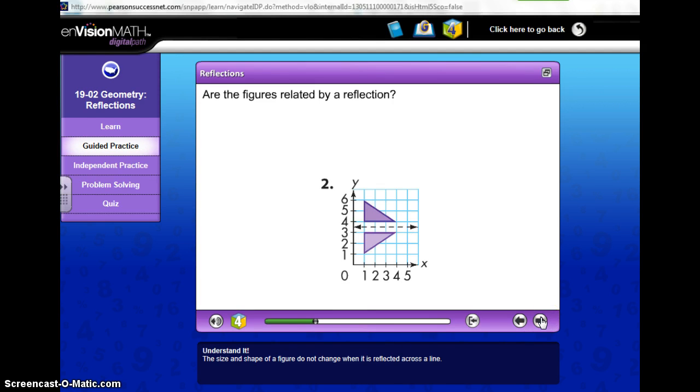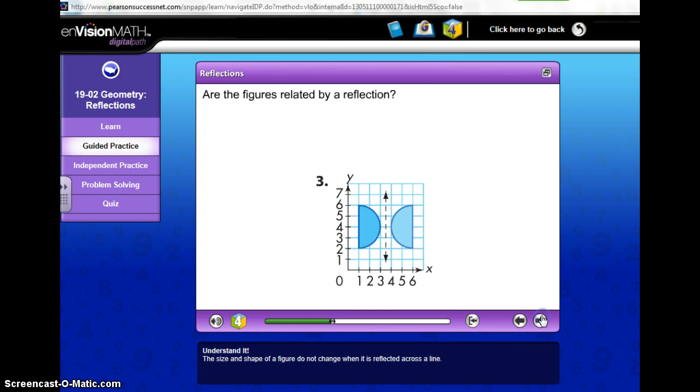How about this one? Raise your hand again. Yes or no? Lingen? Yes. How about this one? Eileen? Yes. This one, Aiden? No. How many of you feel like you are really good at looking at something and in your brain being able to turn it and flip it? Some of you are really good at that.